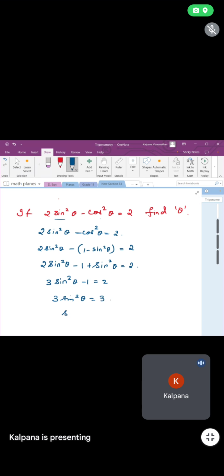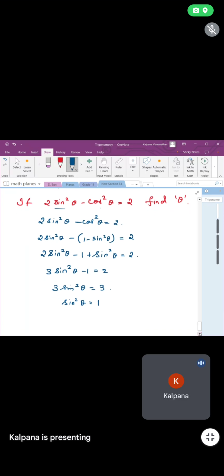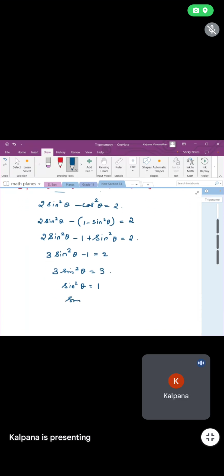Now what is sine square theta? Taking this 3 to the other side, 3 by 3, which is 1. So now what is sine theta? Very good. You also have to write sine theta is equal to 1. Therefore, theta is, for what value of sine it is 1? Theta is 90 degree. Sine 90 is 1.